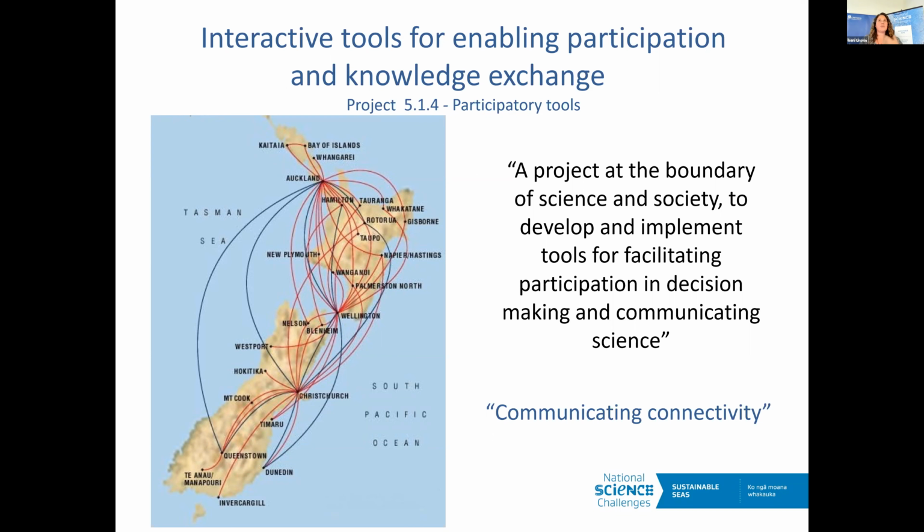We're trying to connect people to science, connect people to the environment, connect region to region, connect changes to consequences, and most importantly connect the science we know and discover with the people. When we do that, we enable them to not only be active participants, but get involved, and then we can share knowledge at the same time. So this project really is about communicating connectivity.